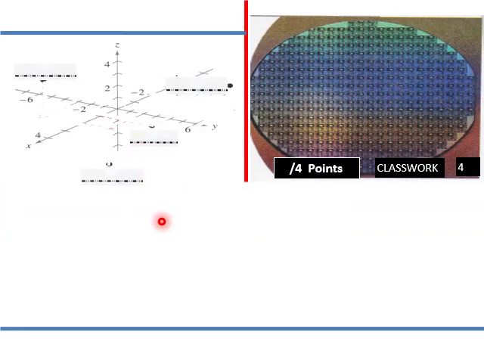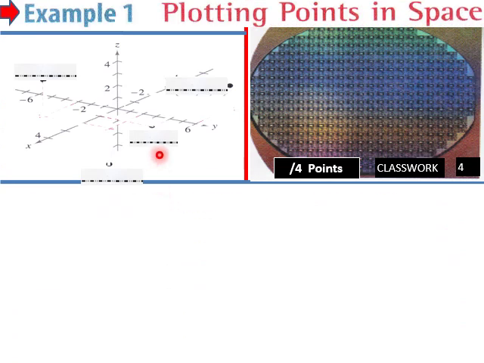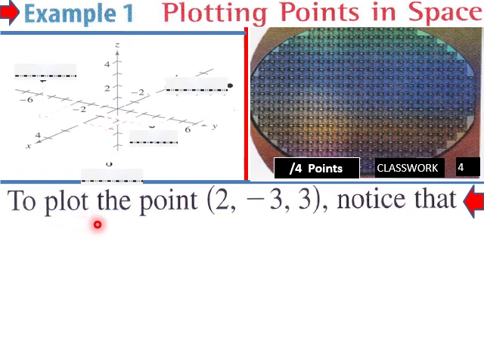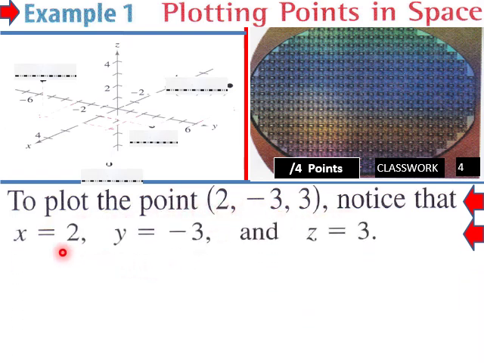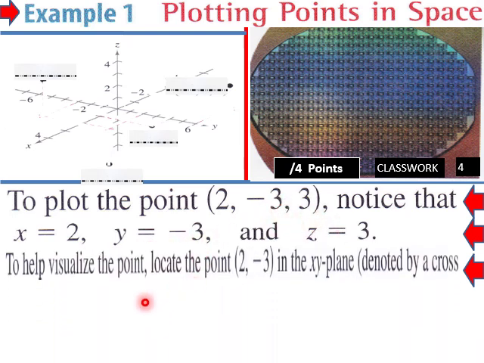Okay, so knowing all that, we should be able to plot points in space, right? To plot the point 2, -3, 3, notice that x equals 2, y equals -3, and z equals 3. To help visualize the point, locate the point 2, -3 in the xy plane.